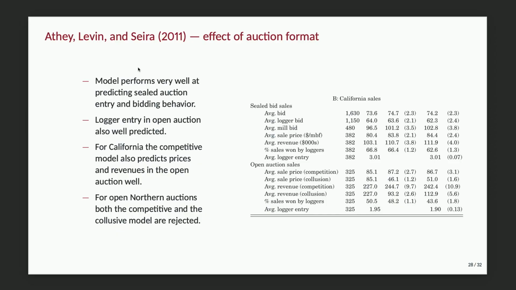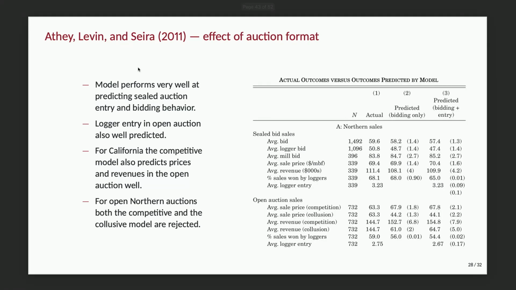What they then do is, because there was this suspicion of collusion in the northern sales, they also generate for the open auction format predictions from a collusive model, right? The way they generate a collusive model is to take a simulation draw. The highest valuation bidder is going to be designated the winner. The other mills are bidding 0, right?